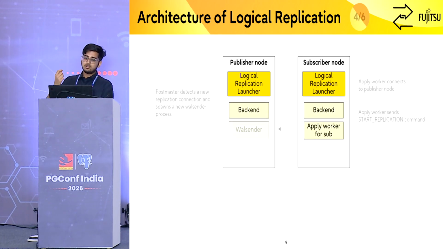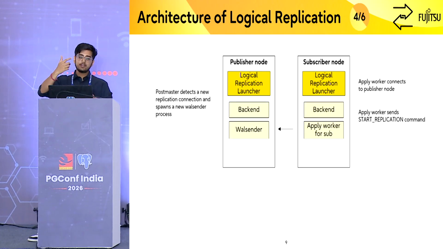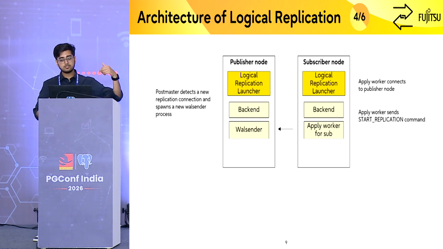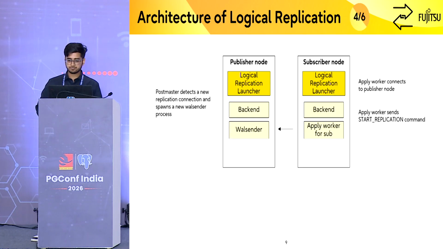Once that apply worker is created, it will connect to the publisher node and send a start replication command, which will instruct the publisher to create a wall sender process for this particular subscription.